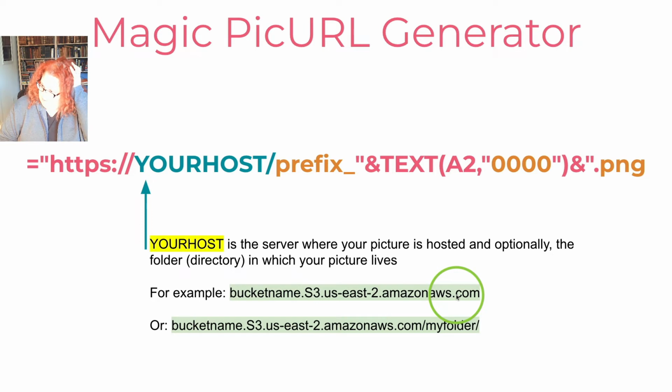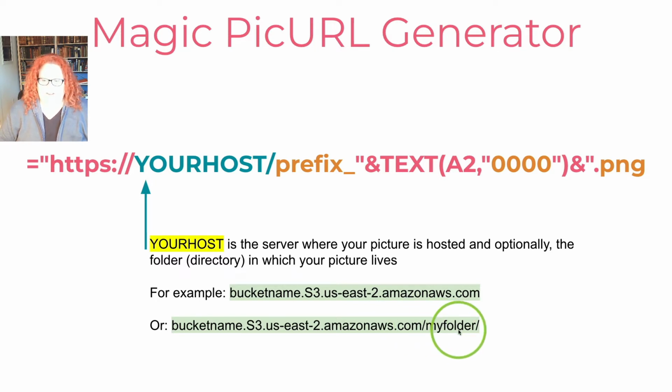Now if you've decided to organize your images into folders on AWS or elsewhere, which I did not show you in the video, but a lot of people have suggested as a good way to keep organized, and they are correct, then your URL that goes in this blue part is going to be something more like your arbitrary bucket name, this S3 blah blah blah amazonaws.com/ the name of your folder.